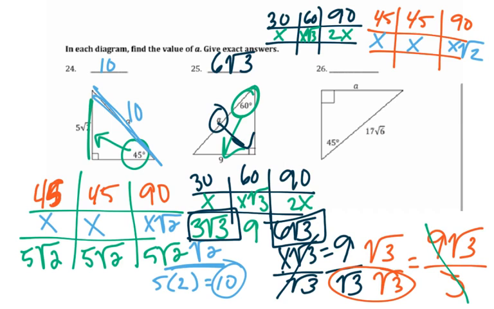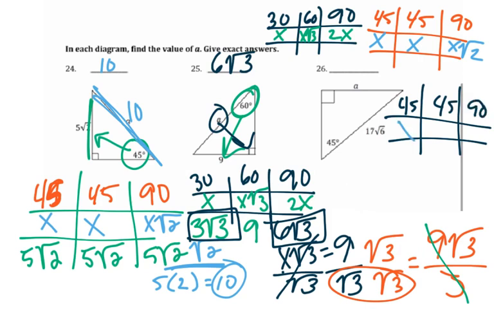Last but not least, these are so difficult. 45, 45, 90, x root 2. The side across the 90 is 17 root 6.